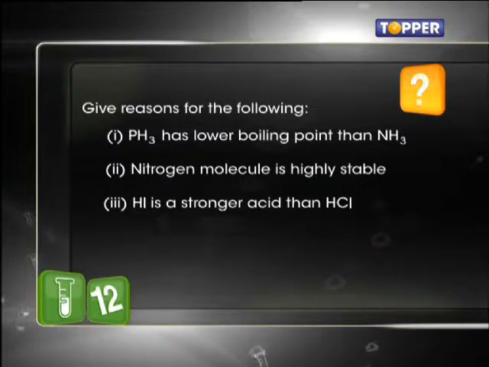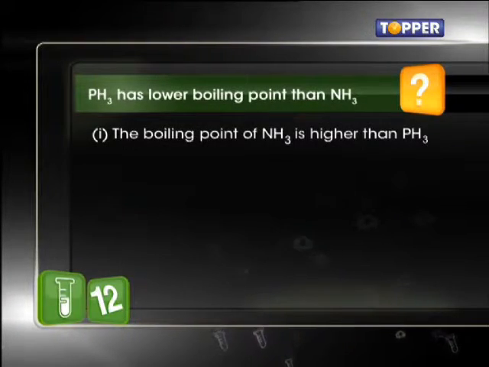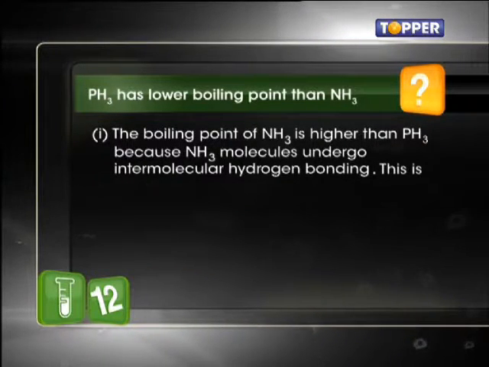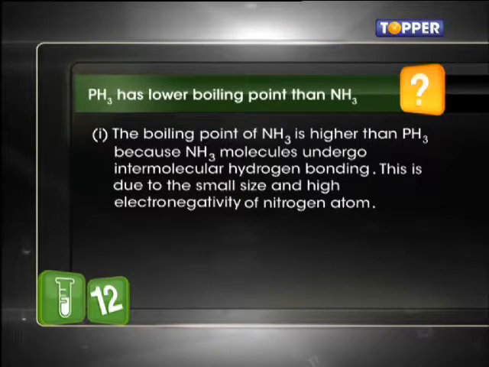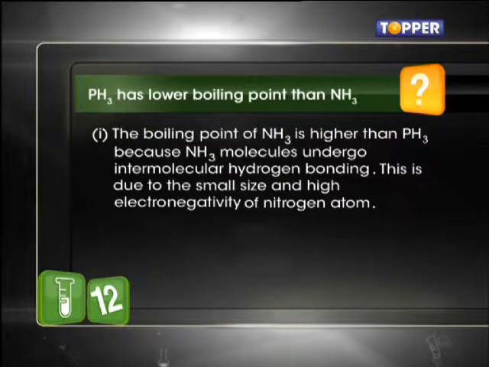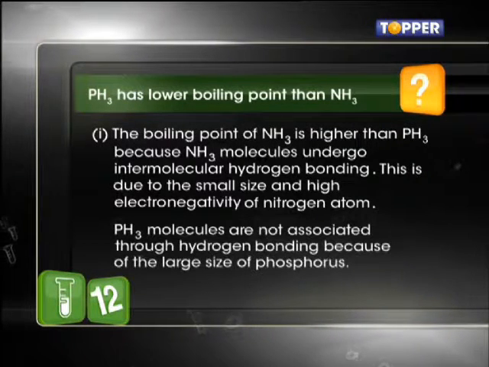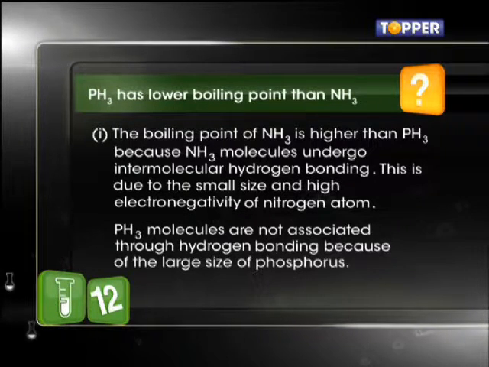the answer. So the answer for the first part is: the boiling point of NH3 is higher than PH3 because NH3 molecules undergo intermolecular hydrogen bonding due to the small size and high electronegativity of the nitrogen atom, whereas PH3 molecules are not associated through hydrogen bonding because of the large size of phosphorus.